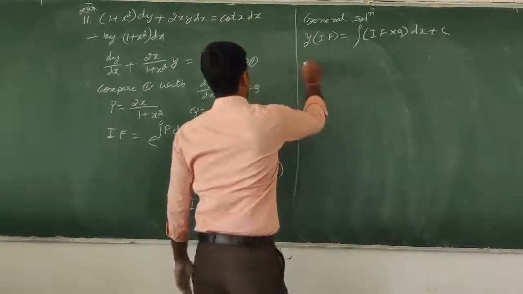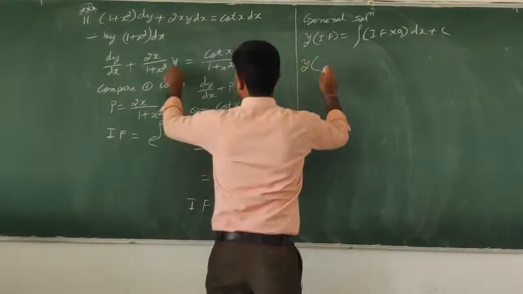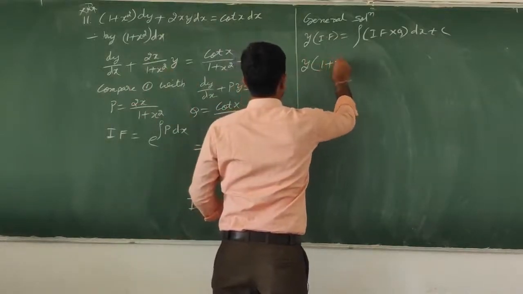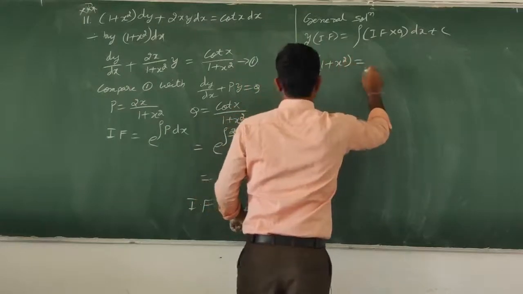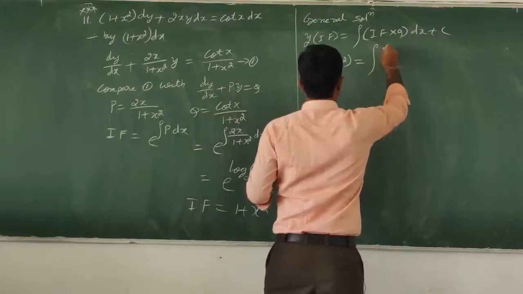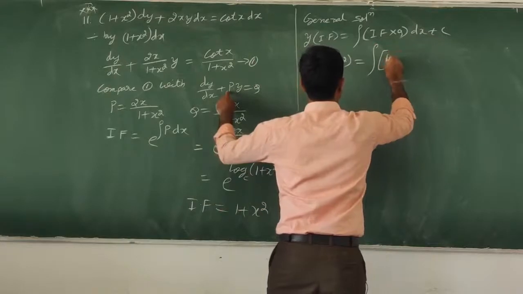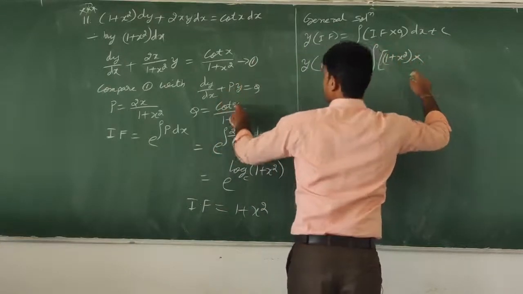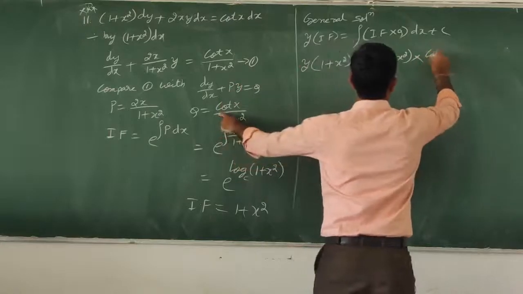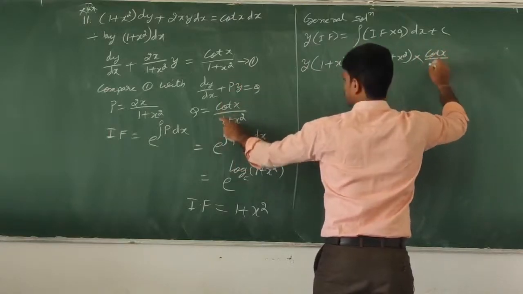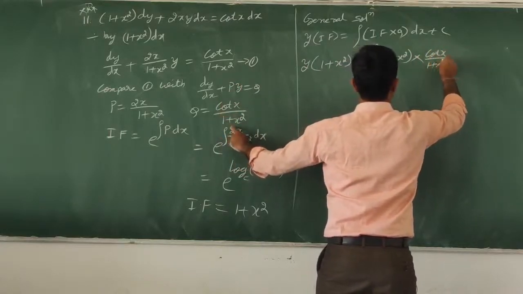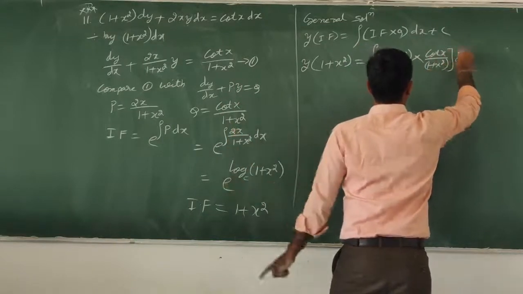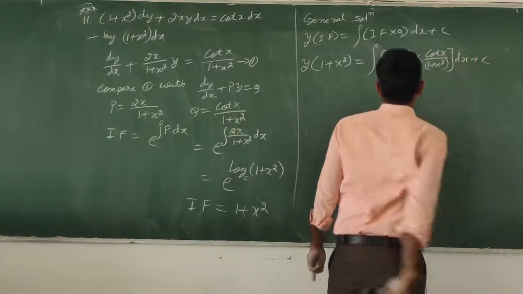Then we have y into 1 plus x square is equal to integration of 1 plus x square into cot x divided by 1 plus x square whole dx plus c.